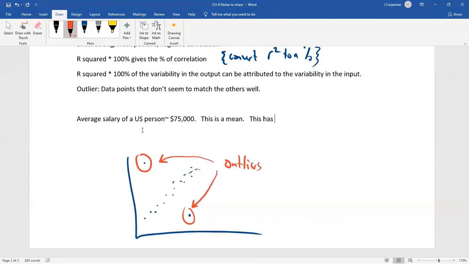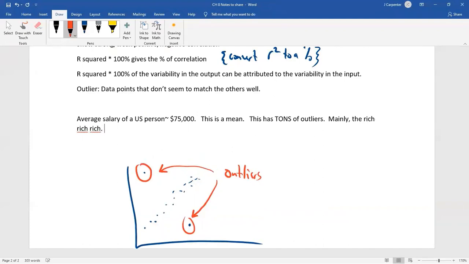This has tons of outliers, mainly rich people, the people that are making billions of dollars every year. These people make so much money that they throw off the average significantly.